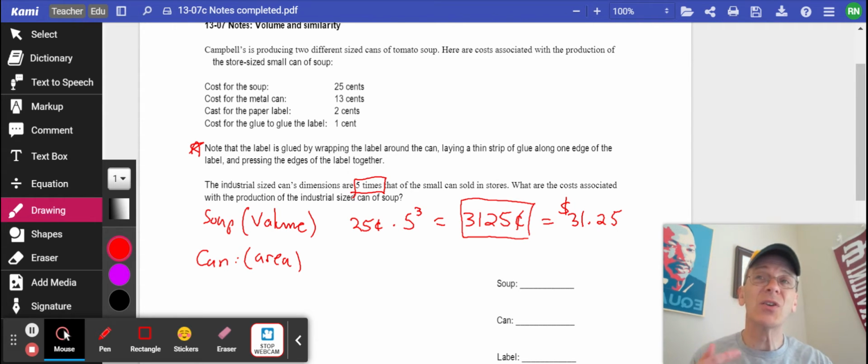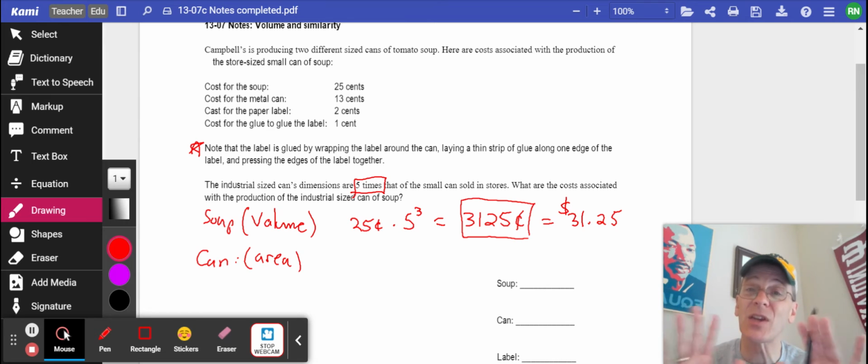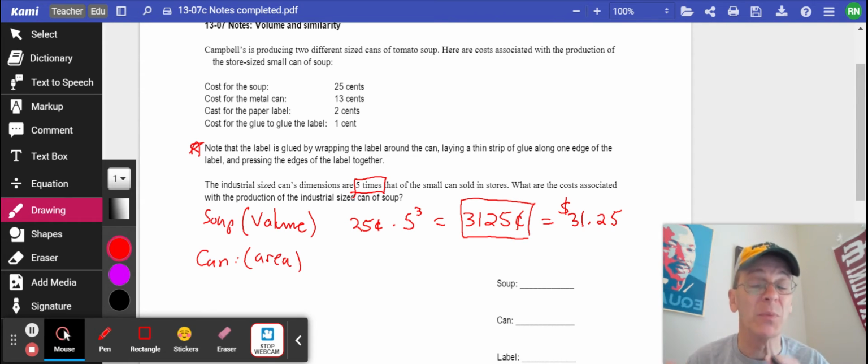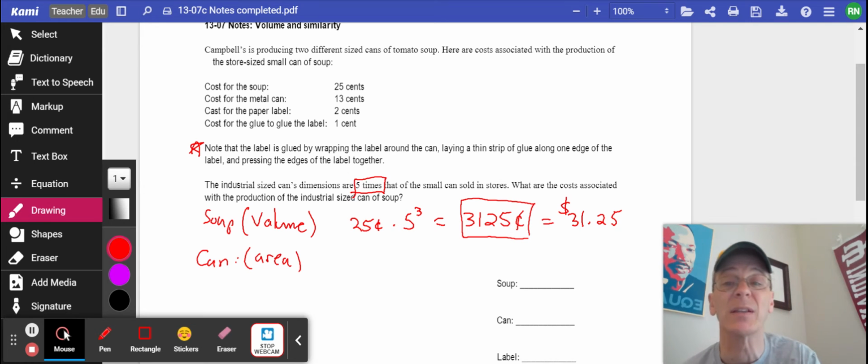So in a sense, you are having to use a volume of metal to make the can. But here's the thing. When you make a larger can, the metal doesn't get any thicker, right? You're not going to use thicker metal to make a larger can. The metal is going to be the same thickness. It's just that there's going to be more area of metal. The thickness isn't changing at all. So it's really not a volume type of thing, the metal being used to make the can. It's an area type of thing.